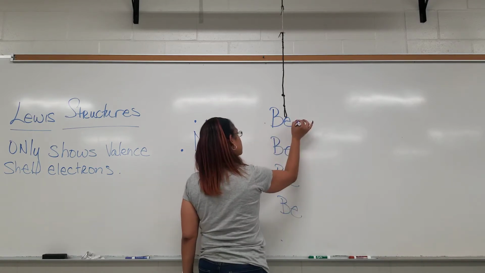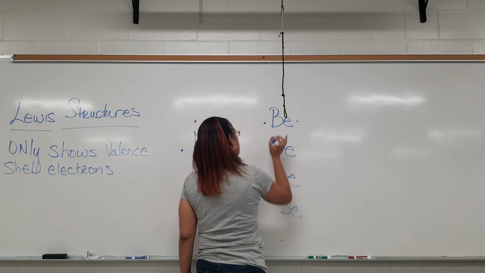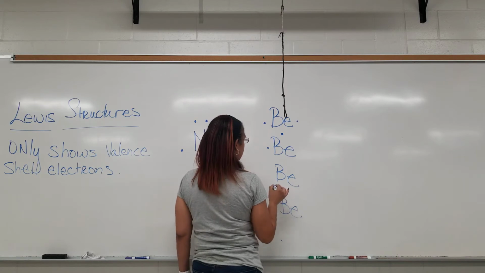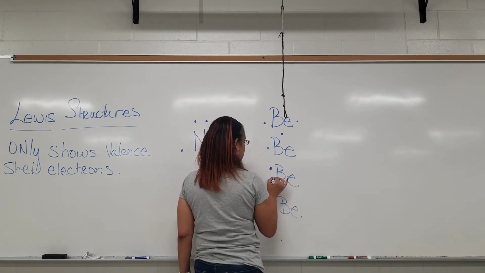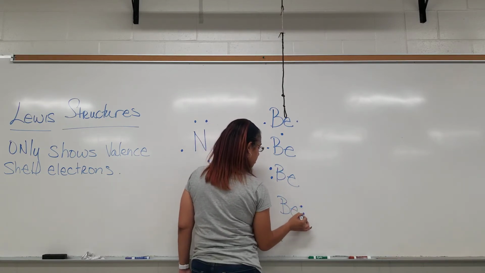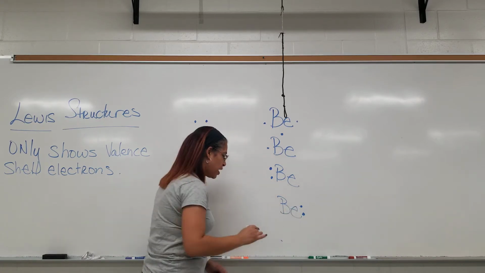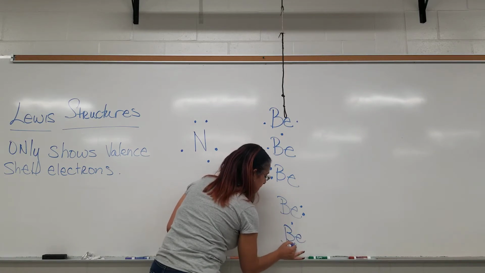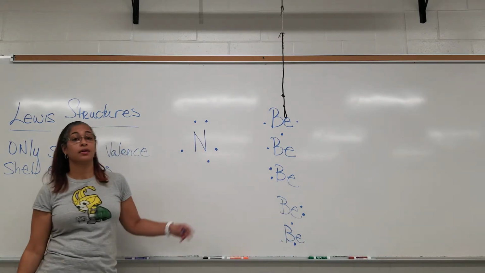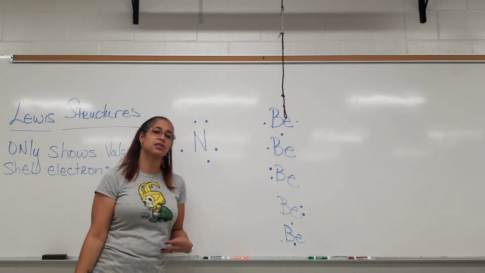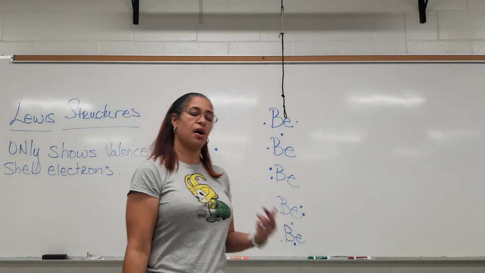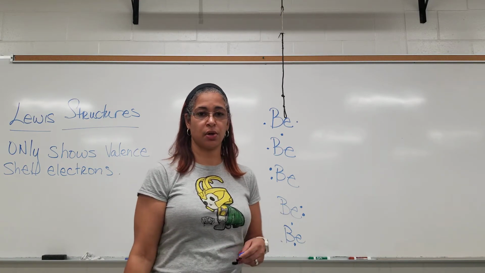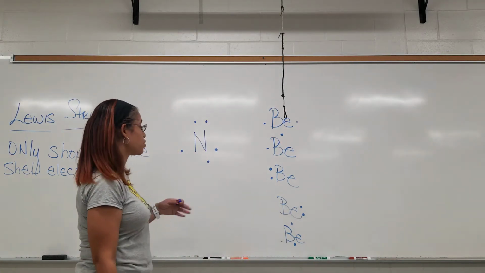I've seen it done this way, this way, this way, and this way. I don't recall ever seeing it this way, but that is not to say that it's not there. The bottom line is, as long as you have the right number of electrons around the atomic symbol, your Lewis structure is okay.